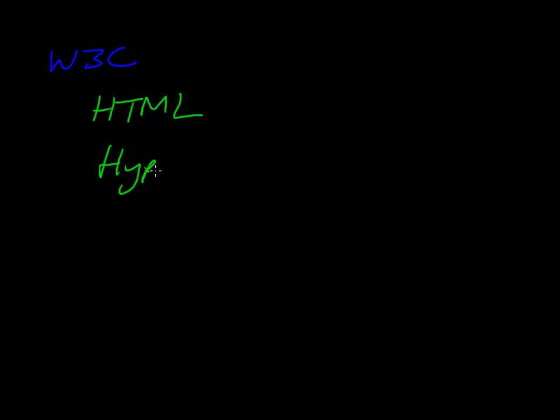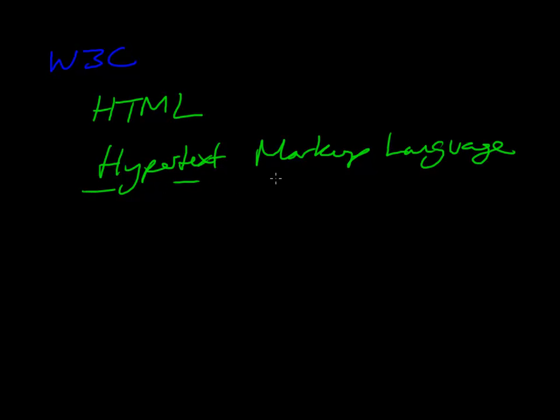HTML is hypertext markup language. This is the language of the web and websites, and this language specifies what the information is on a website. The web browser can then read that HTML because it's an open standard. It can read the HTML and determine how the web page is going to be displayed.